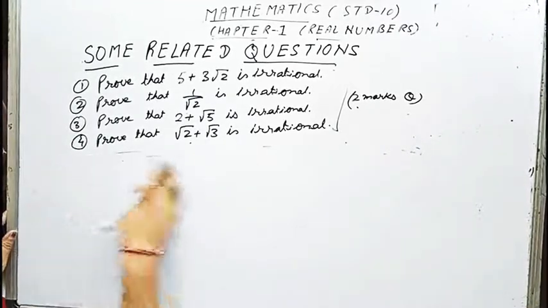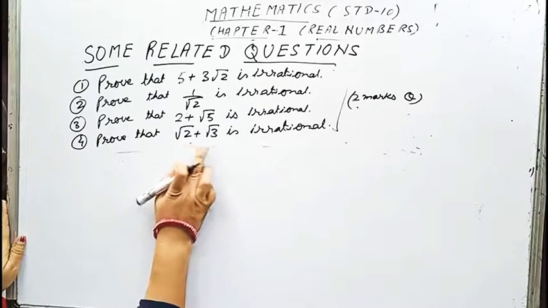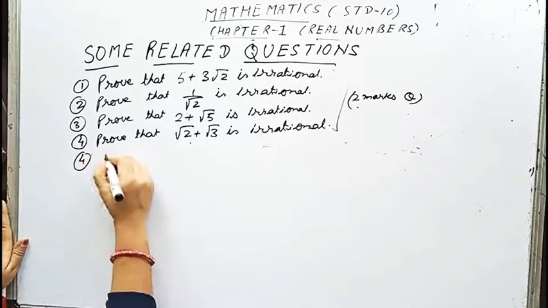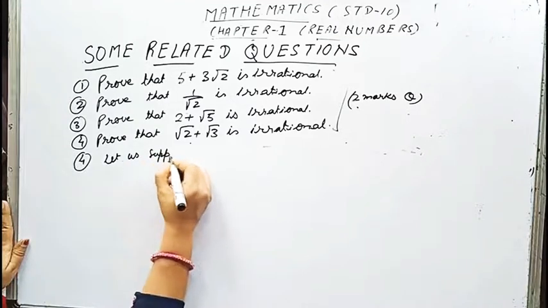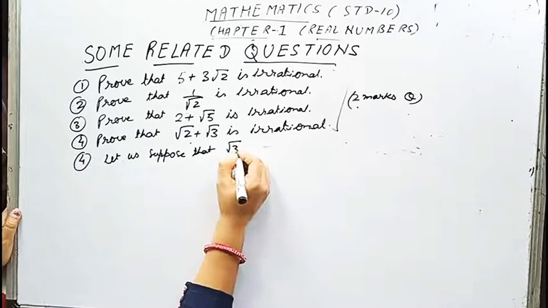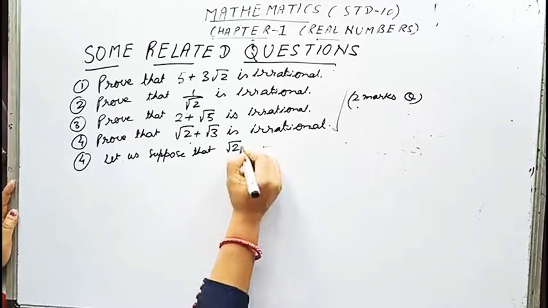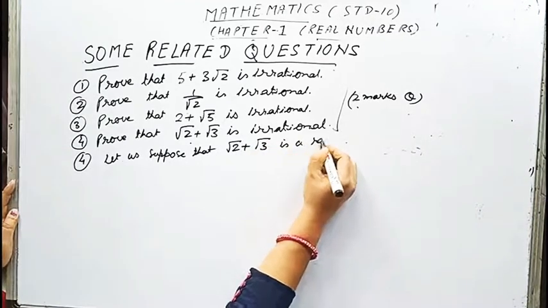Now question number 4 is important. Here take care that both the numbers are irrational numbers, and we have to prove their sum is an irrational number. So let us suppose that root 2 plus root 3 is a rational number.